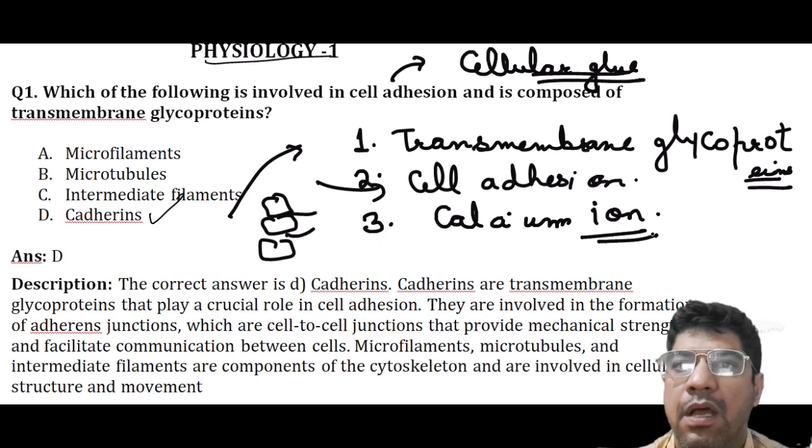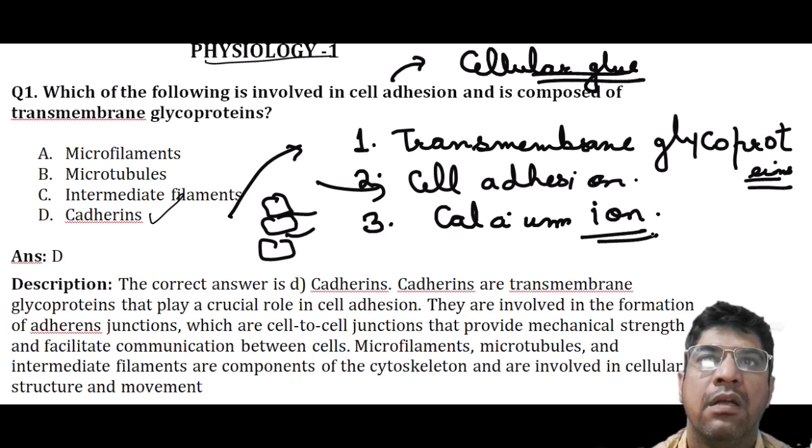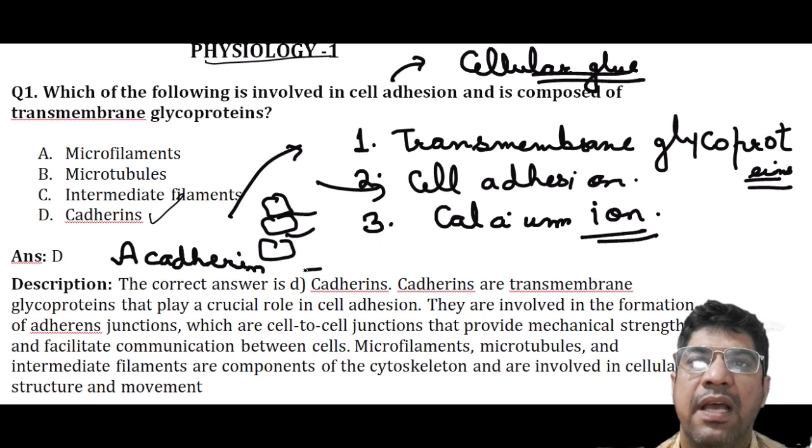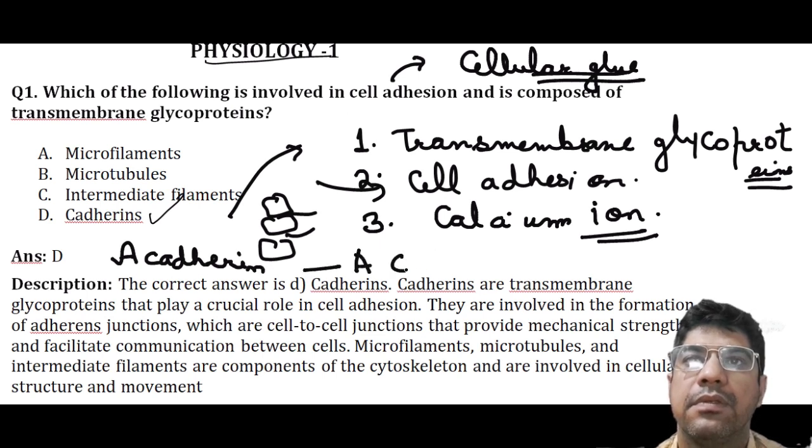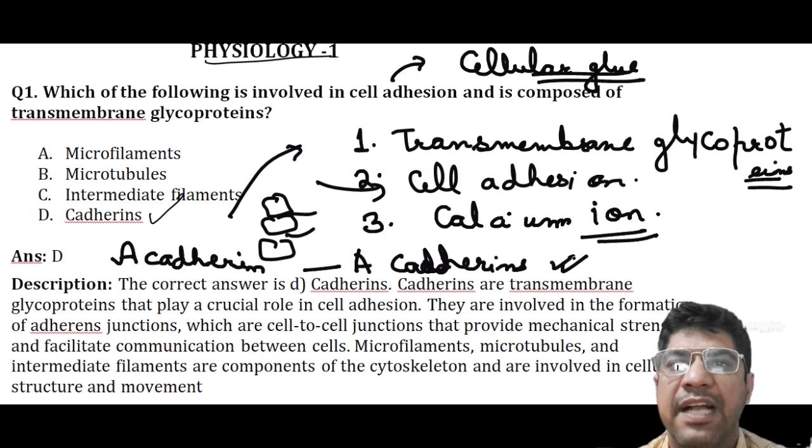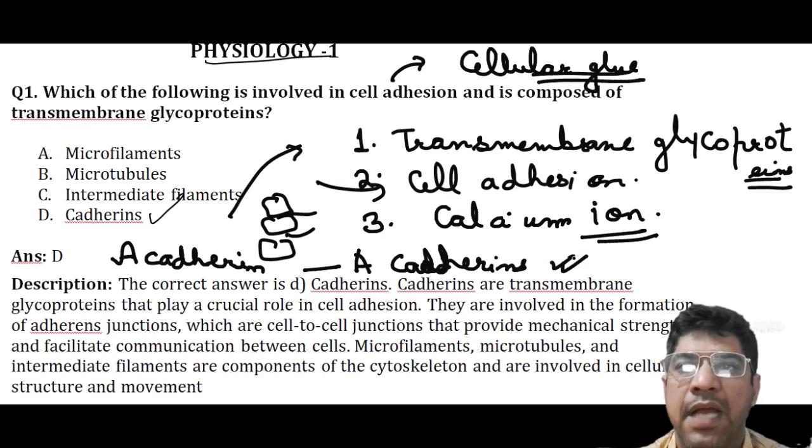When cells have the same type of cadherins, they stick together more. Suppose one cell has a cadherin, it will stick to other cells that have a cadherin. Think of cells as people and cadherins as the handshake that makes them friends.